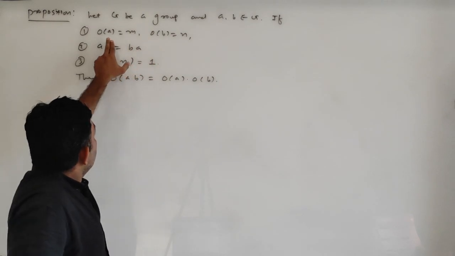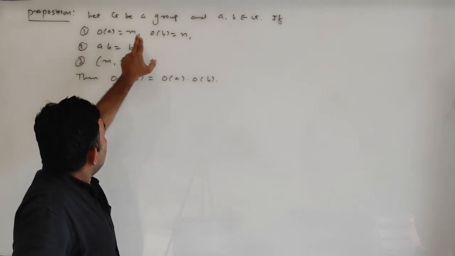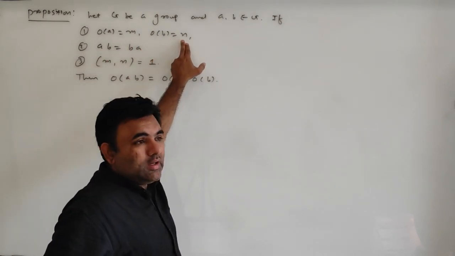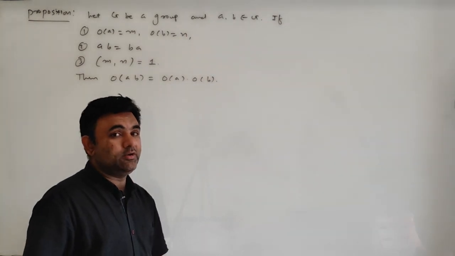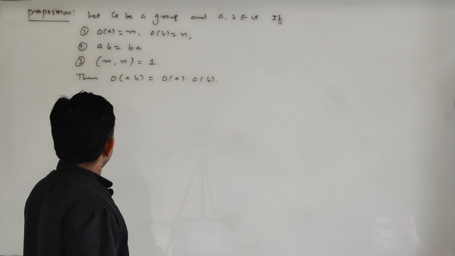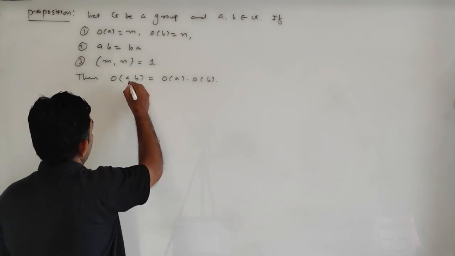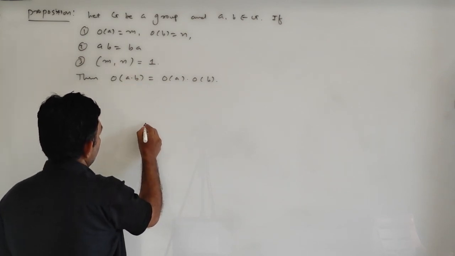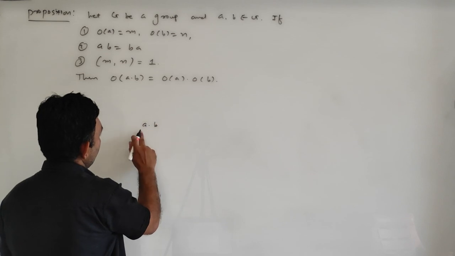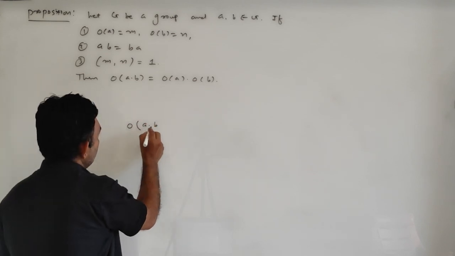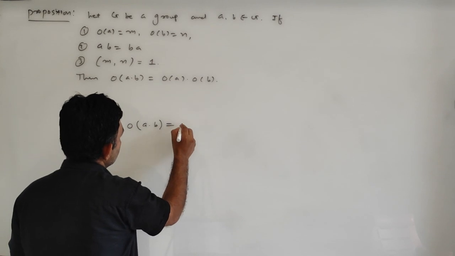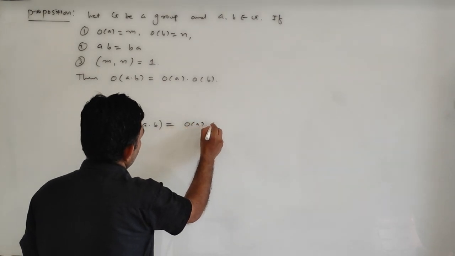Now if order of A and order of B are m and n respectively, means both the elements are of finite order. So now you look at AB. AB is also an element of the group, so we can talk about its order.